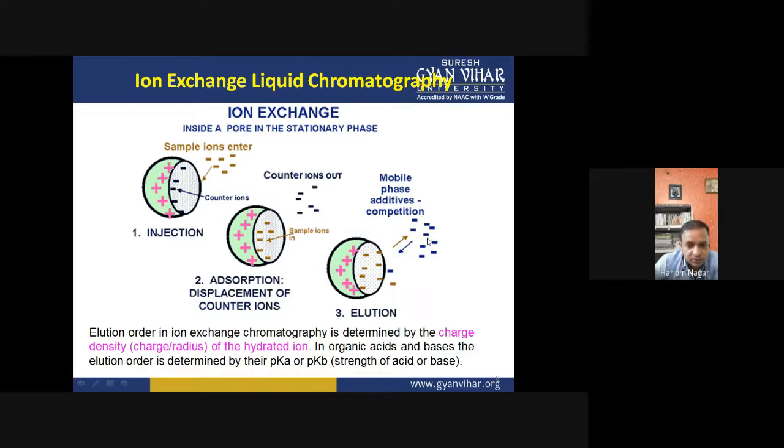The elution order in ion exchange chromatography is determined by the charge density, that is, the charge to radius ratio of the hydrated ion, and in organic acids and bases, the elution order is determined by their pKa and pKb values. So the pKa and pKb values are used for determination of their elution order also. Okay.